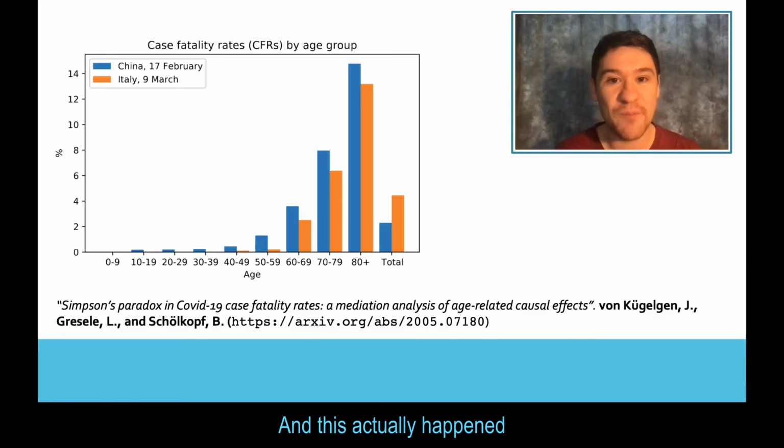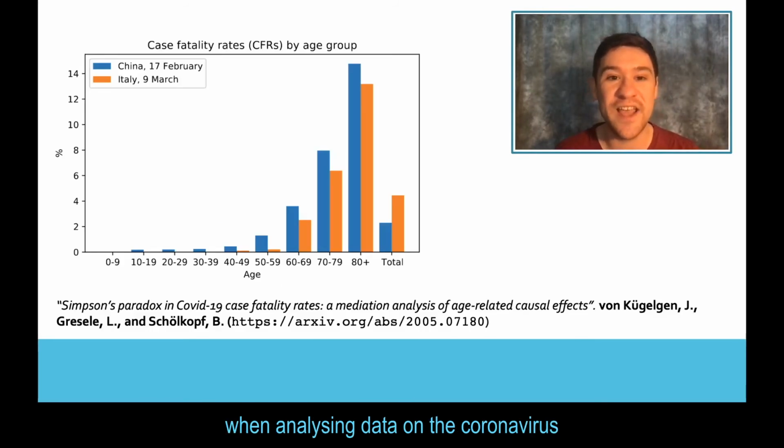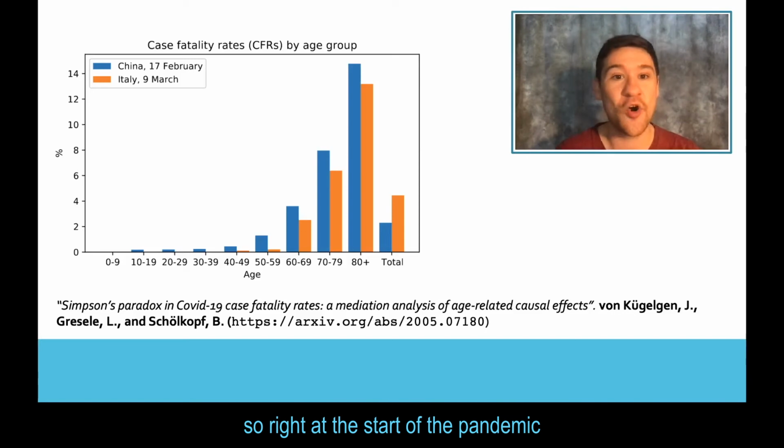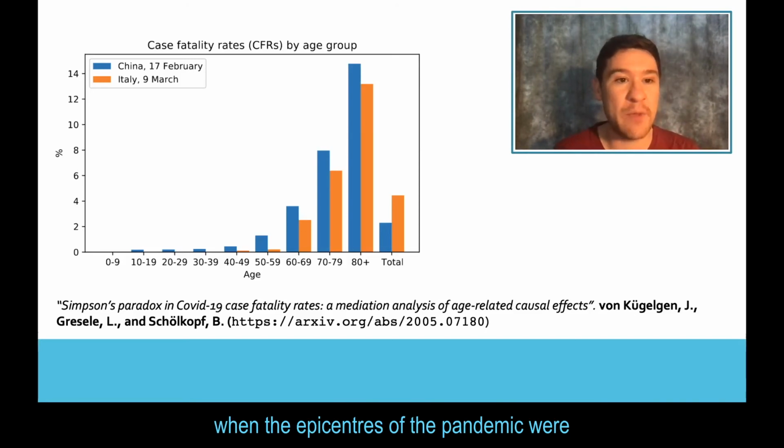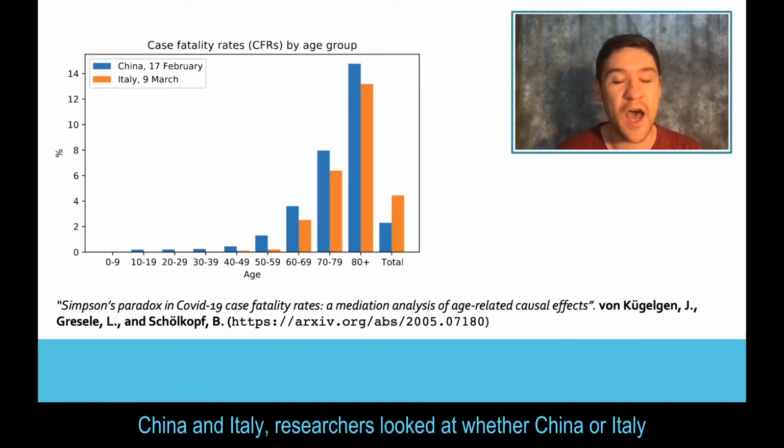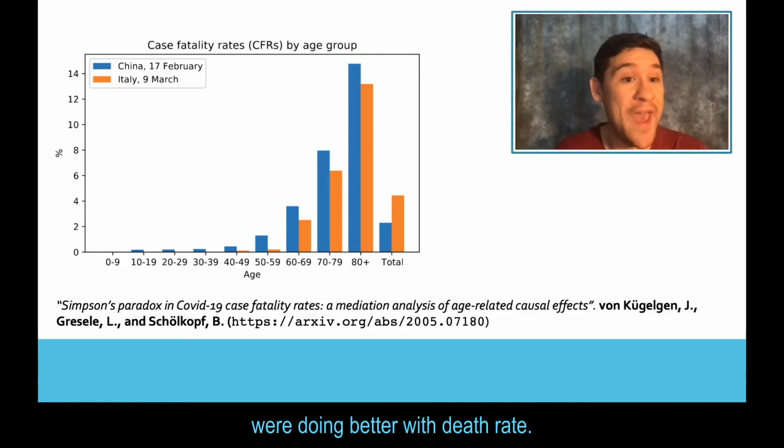And this actually happened when analysing data on the coronavirus. Right at the start of the pandemic, when the epicenters were China and Italy, researchers looked at whether China or Italy were doing better with death rate.